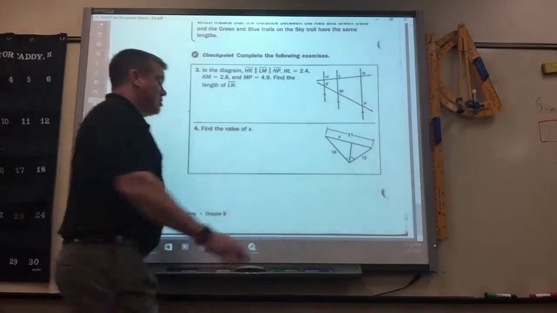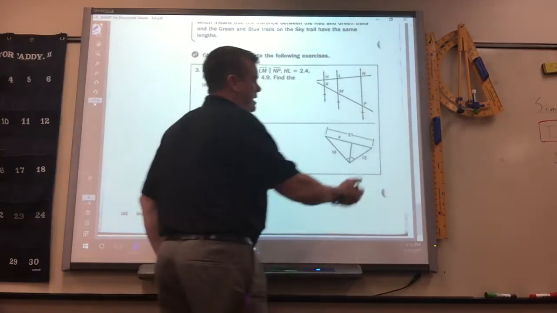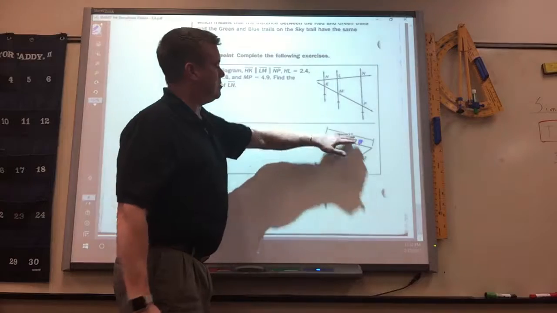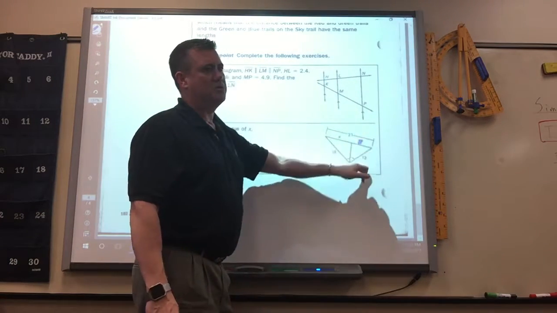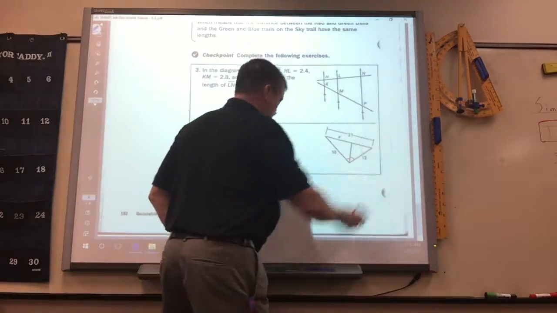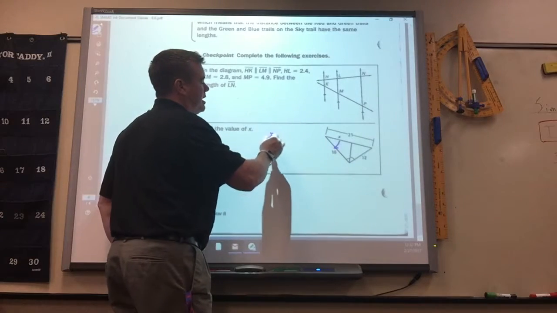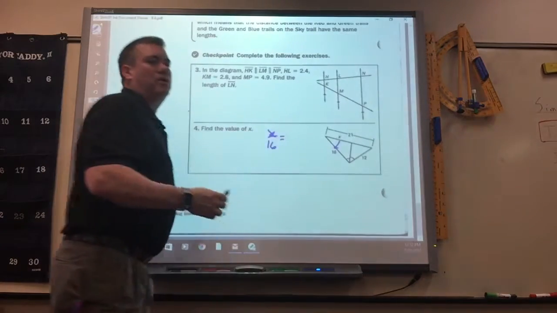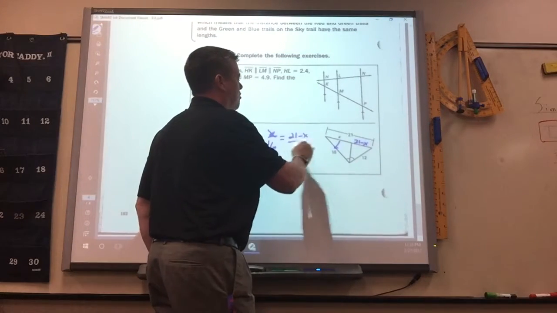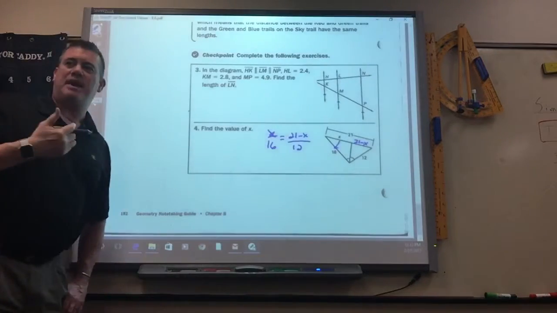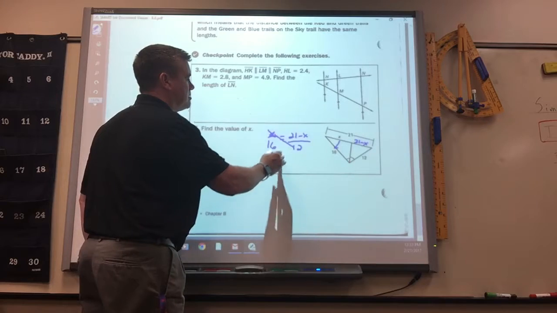Okay, so back to one like this. To find x, again, if this was an easy one where that was just 8 right there, it'd be a simple proportion. It'd be x over 8 equals 8 over 12. But it's not. So it'd be x over 16 equals 21 minus x over 12. So these you have to write an equation out to solve them. X times 12 is 12x.